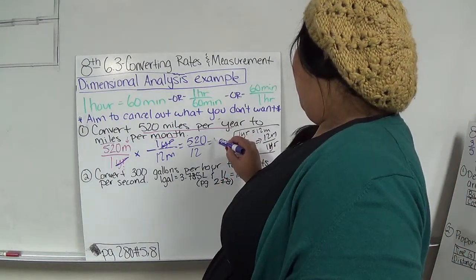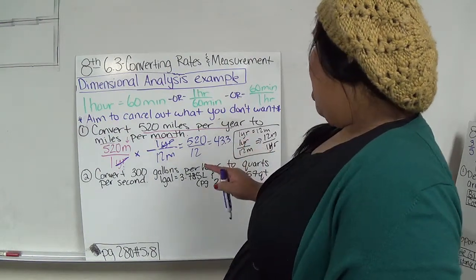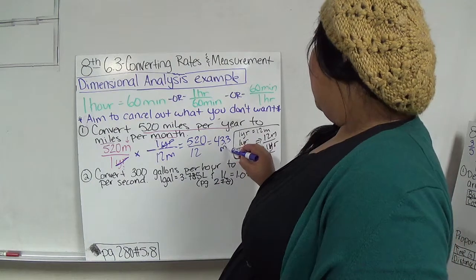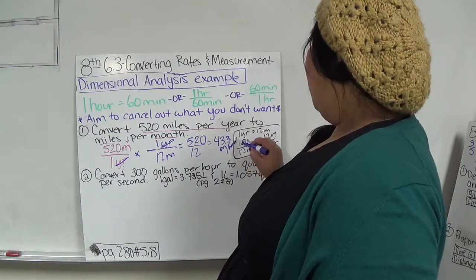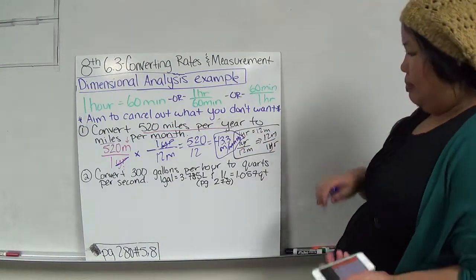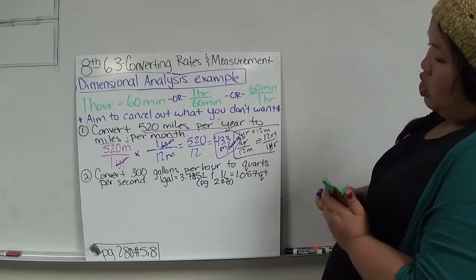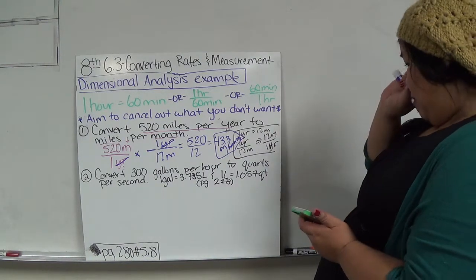So I have 43.3 miles per month. Okay? Or I can just reduce 520 over 12.